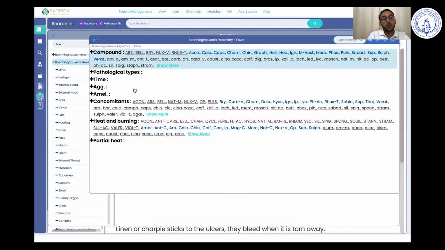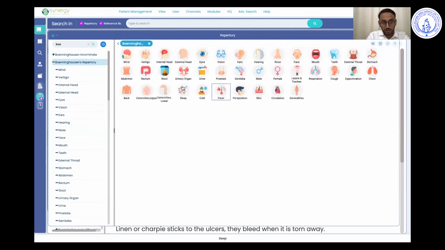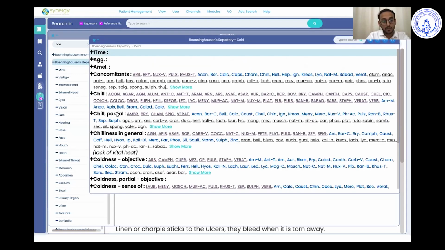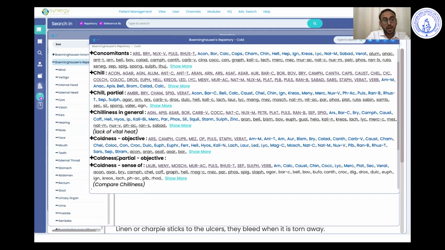Then what was the other clinical symptom which was present? Coldness of the hands and feet. So we'll go to the chapter cold, and we will choose the rubric coldness partial objective. Now, why partial objective? Because we have examined the patient, and on examination we can see there is coldness of the hands and feet. In this situation, the patient can't tell whether he is feeling chilly inside or not. Whether it is chills or whether it is coldness, we don't know.